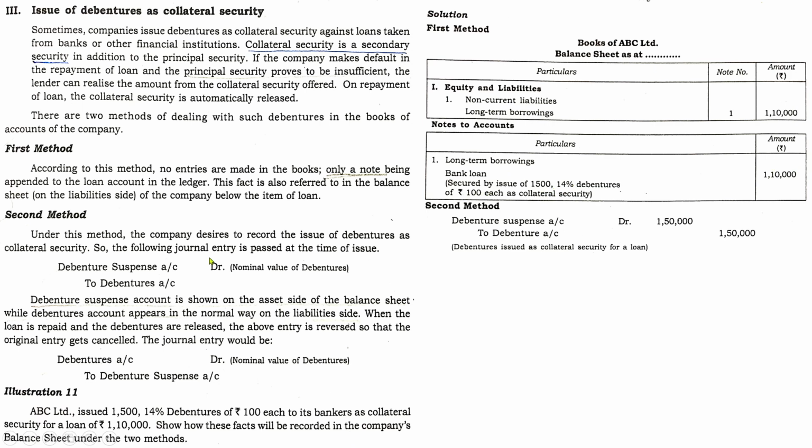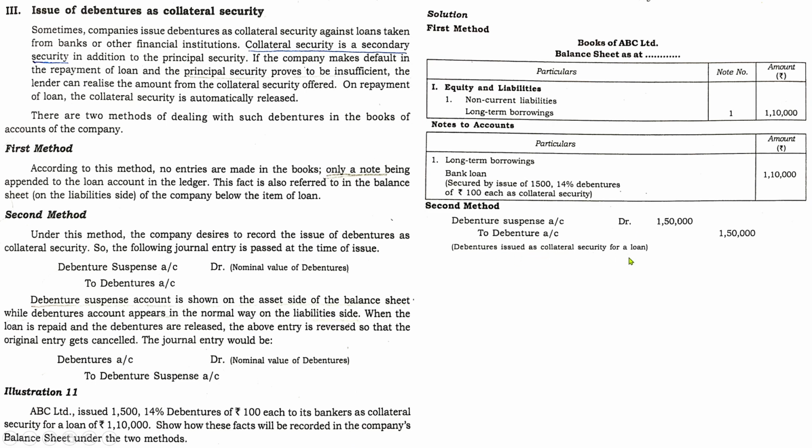But if you are following the second method, you have to pass the entries. Remember, in the entry you have to show the value of the debentures you are offering, not the amount of the loan. The amount of the loan is not a factor while passing the journal entry. It has to be considered only at the time of preparation of the balance sheet. So 1,50,000 worth of debentures were offered as security.